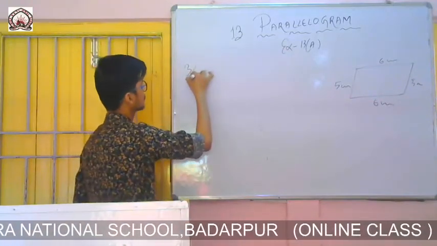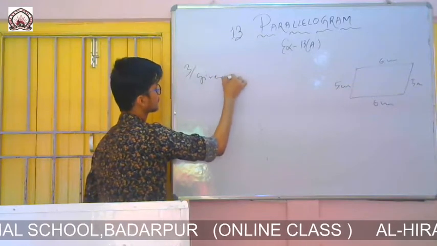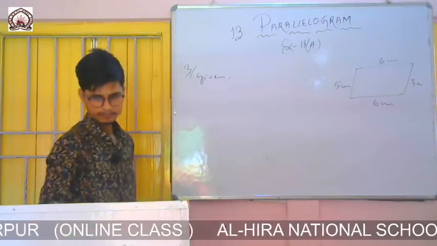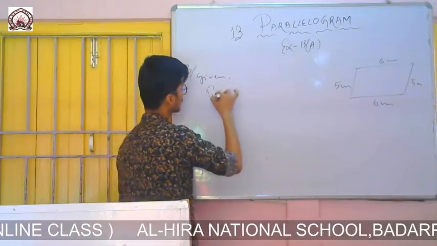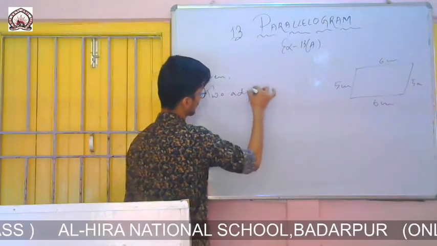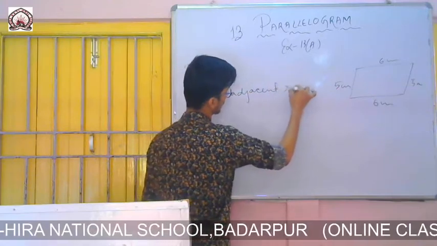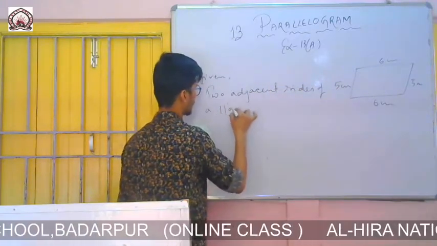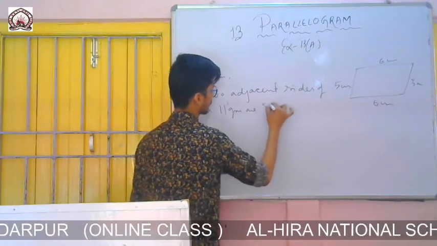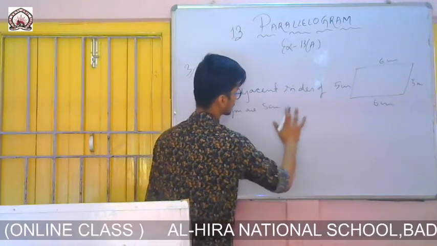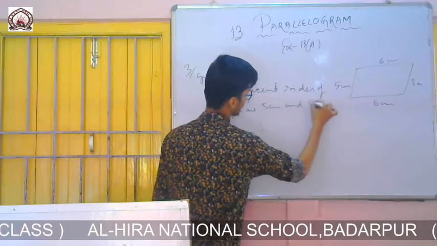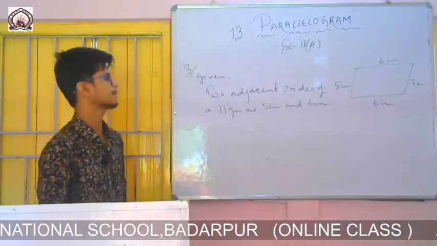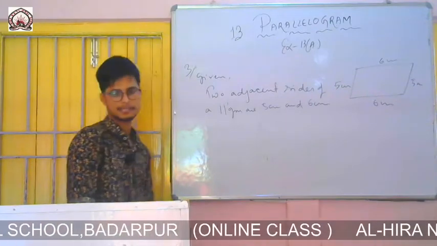So question number 3, given two adjacent sides of a parallelogram are 5 centimeters and 6 centimeters.